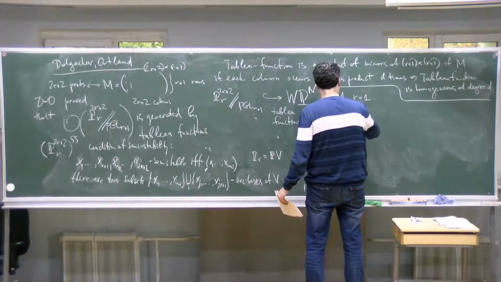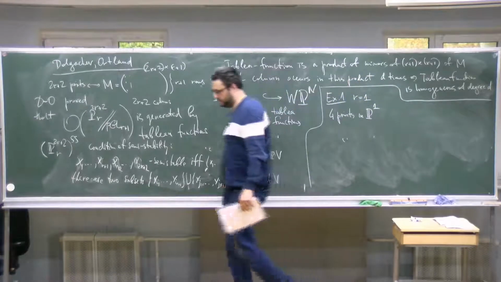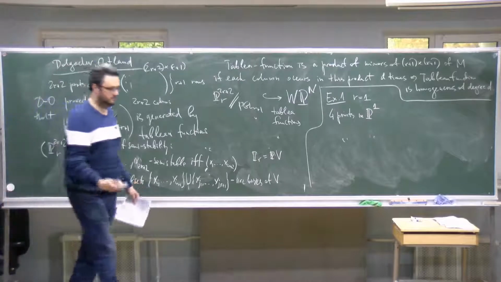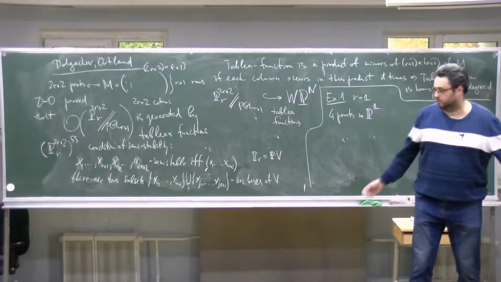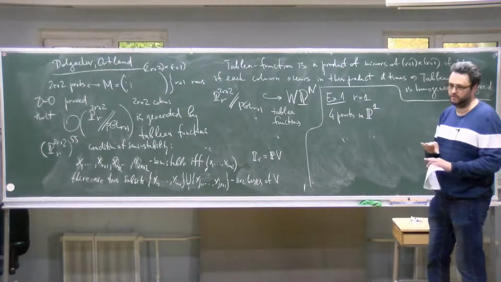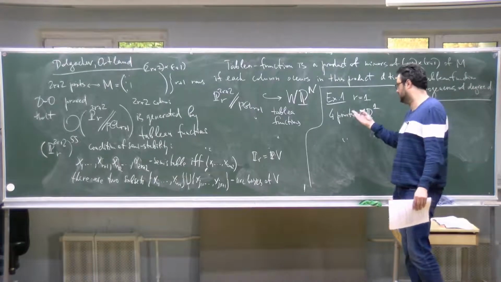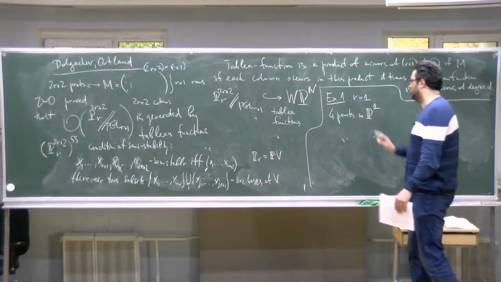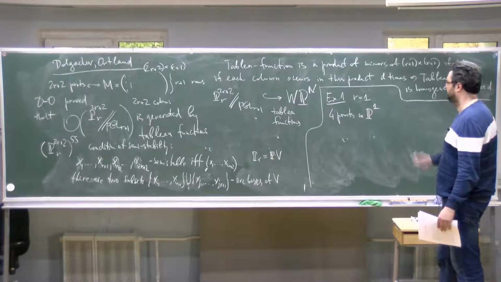It's a well-known object. This object is called the j-invariant. As we know, 4 points are the branch divisor of an elliptic curve, and so this variety parameterizes elliptic curves. But I would like to write tableau functions.